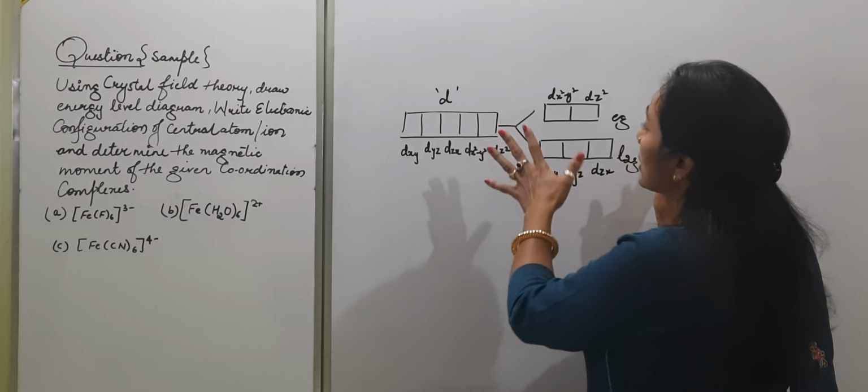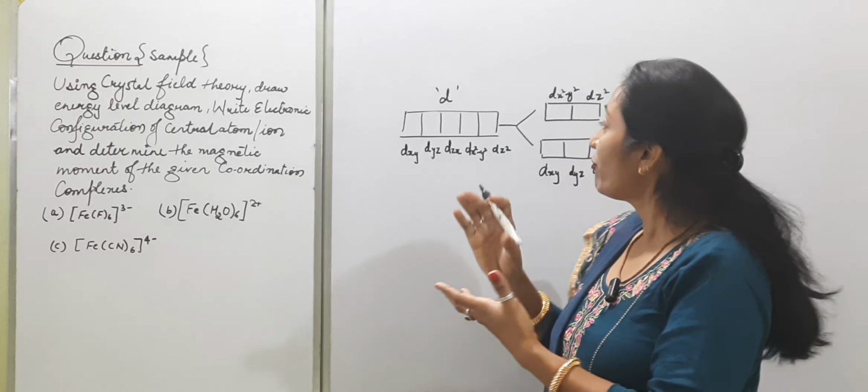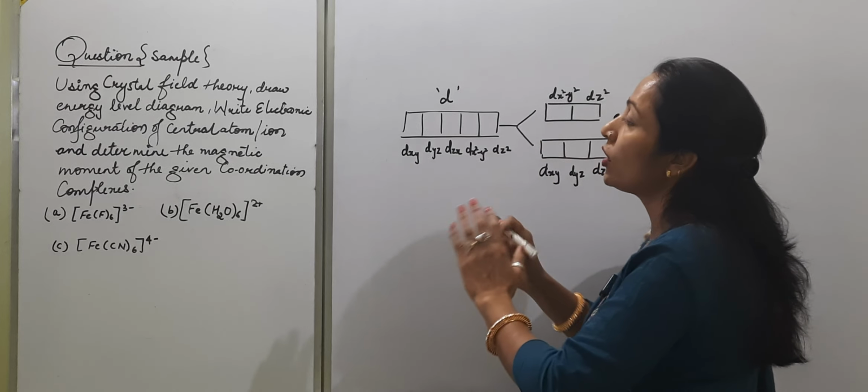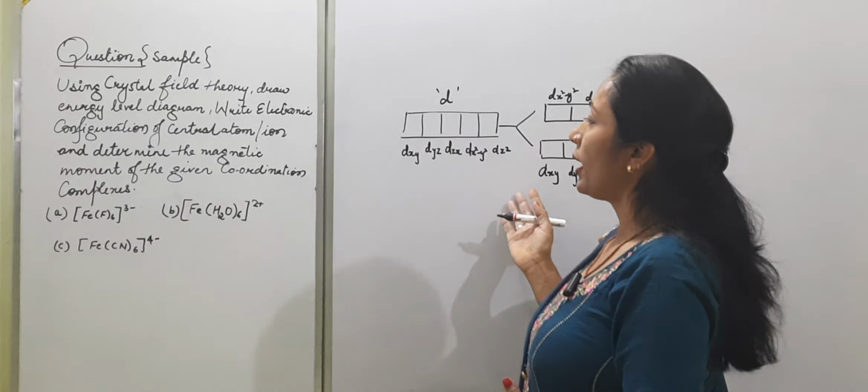So this is the bifurcation of the d orbital on the approach of the ligand. When the ligand comes, this will happen.